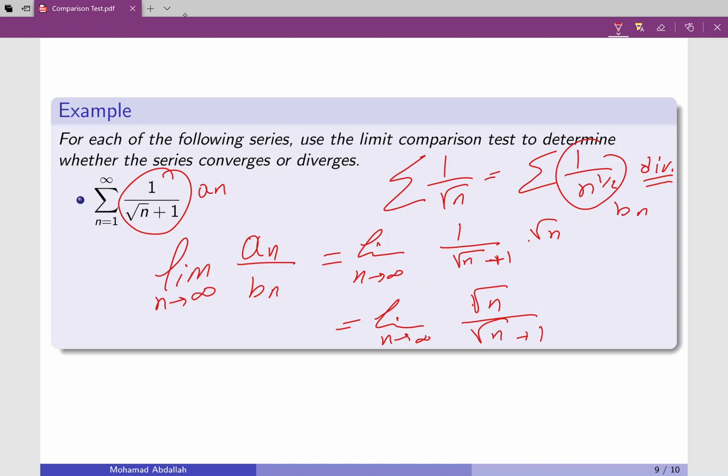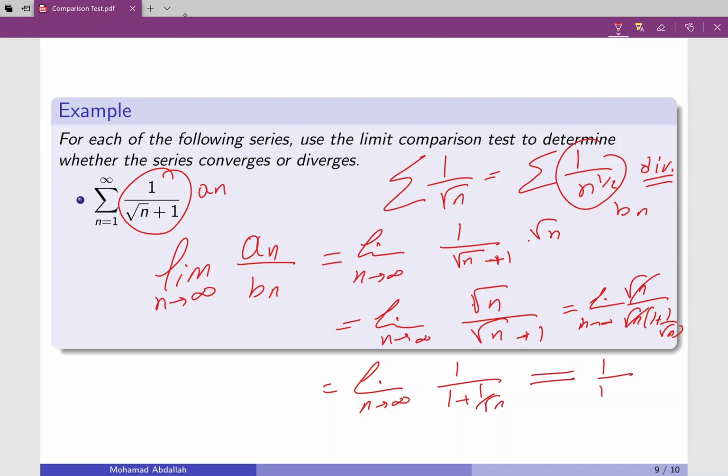Since I have the same order on the top and on the bottom, then if you want, I can just show you this. Limit when n goes to infinity, factor root n from the bottom, you get root n times 1 plus 1 over root n. This cancels out, so that's the limit when n goes to infinity of 1 over 1 plus 1 over root n. This is equal to 1 over 1 plus 0, which is 1, since when n goes to infinity, this guy goes to 0. So this means what?